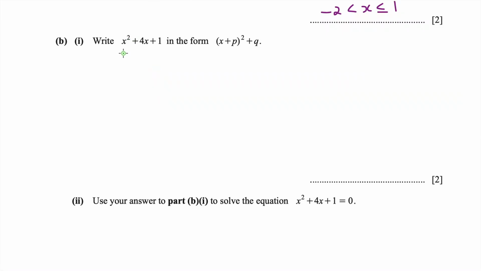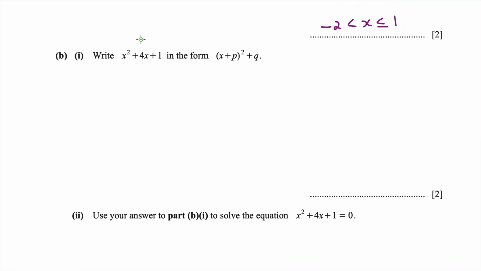Write x square plus 4x plus 1 in the form x plus p whole square plus q.